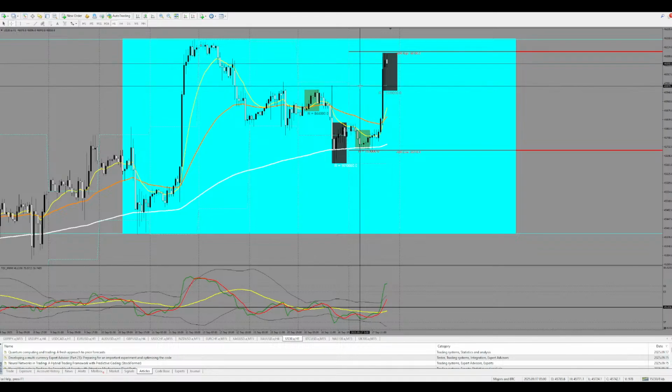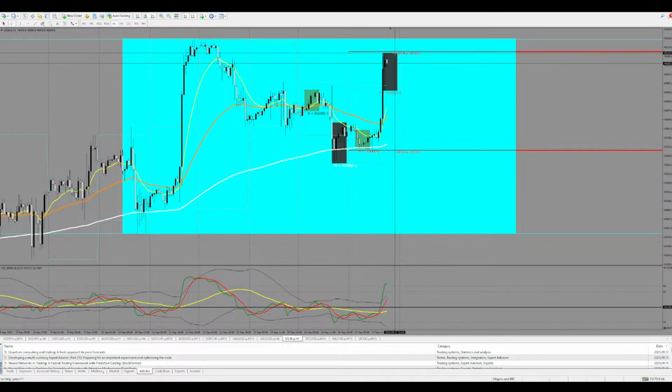So what we are looking at this being a higher low. Okay, we're looking at this being a higher low.